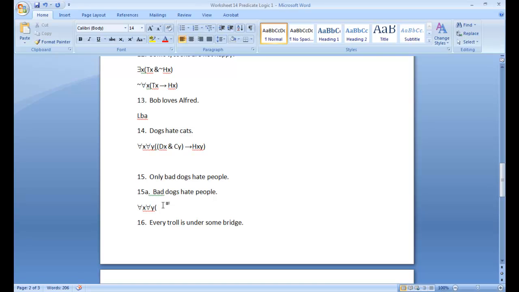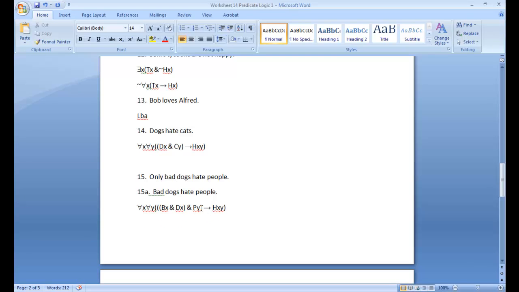Well, X is bad and X is a dog. And what's Y? Well, Y is supposed to be a person, right? So what this says so far is for all X and for all Y, if X is bad and X is a dog and Y is a person, then what do we know? Well, again, we know that X hates Y.